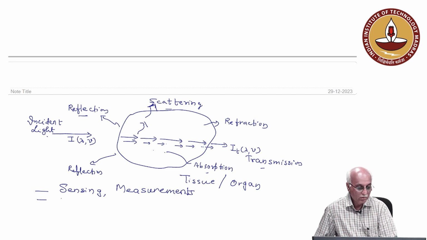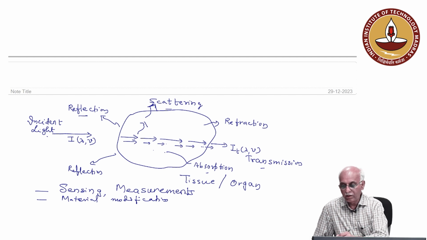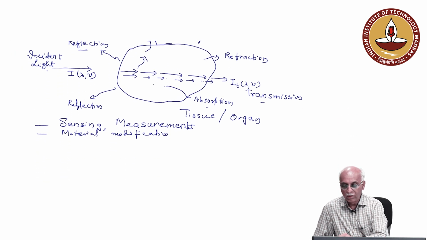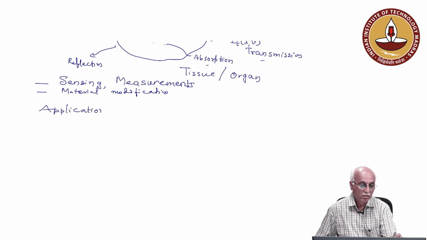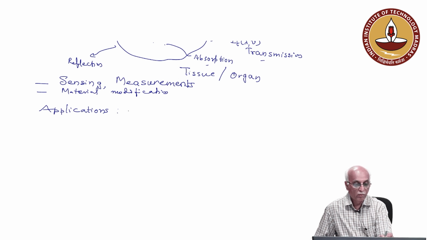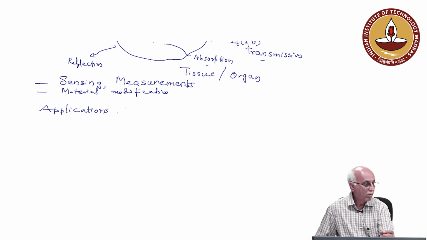And as I told you, material modification to a certain extent, of course, but it is possible. Now coming to the next, based on this, what we can think about different applications of biophotonics. One is imaging modalities.